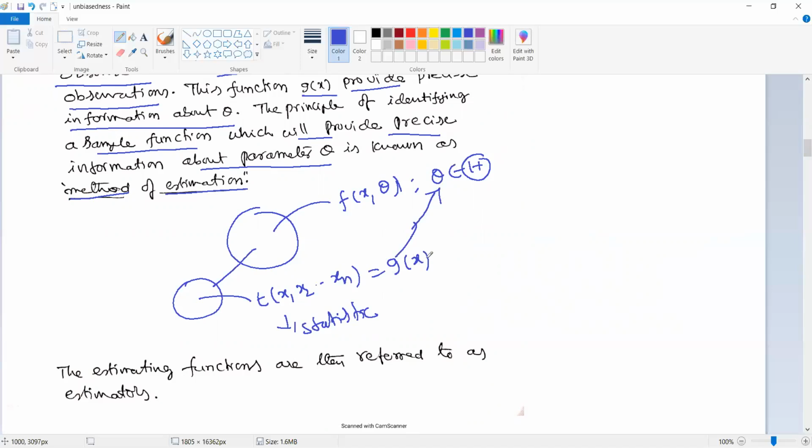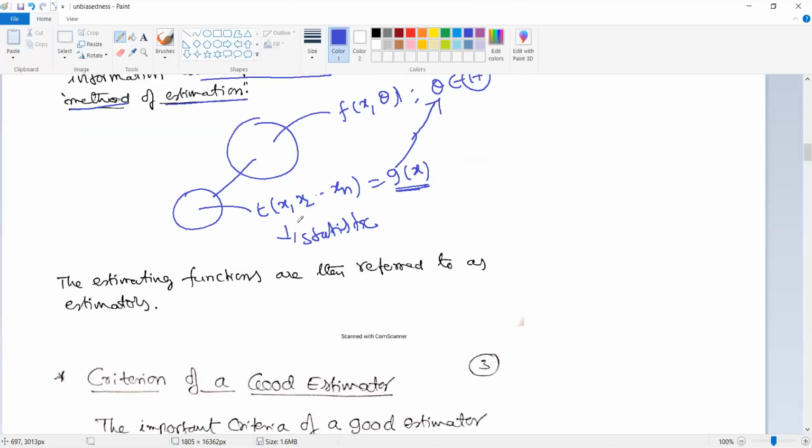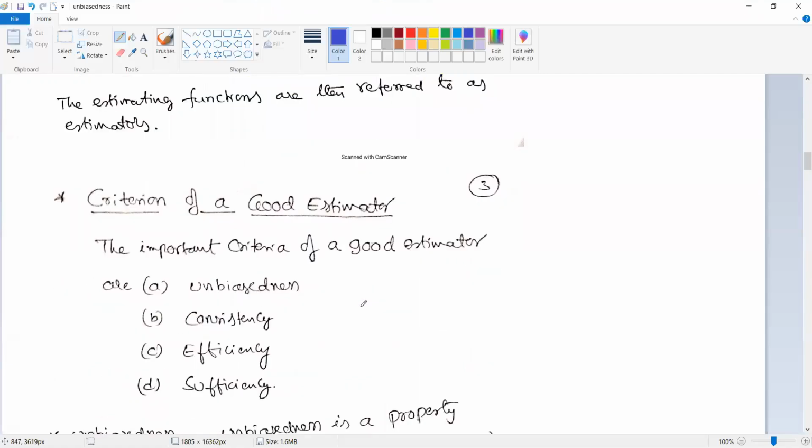The principle of identifying the sample function which will provide precise information about the unknown population parameter theta is known as the method of estimation. The estimating functions are referred to as estimators. So this is the introduction to the theory of estimation.